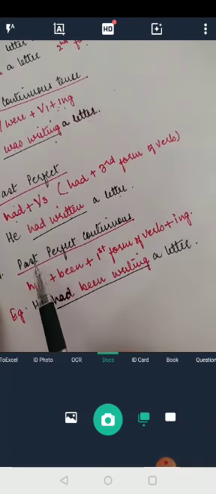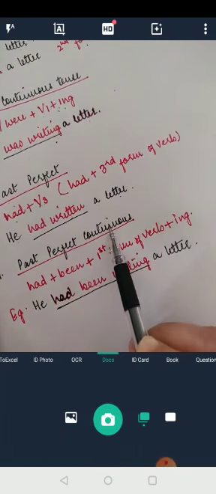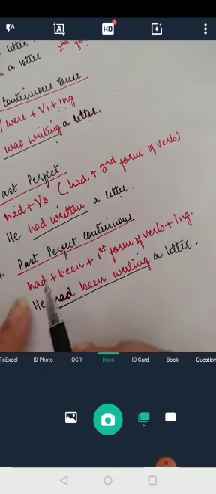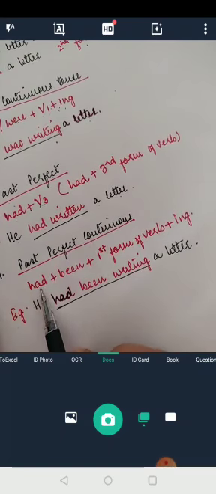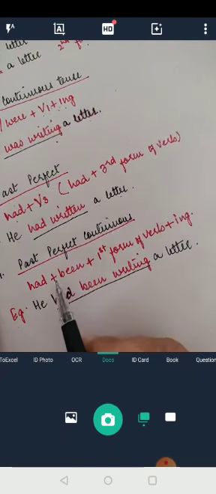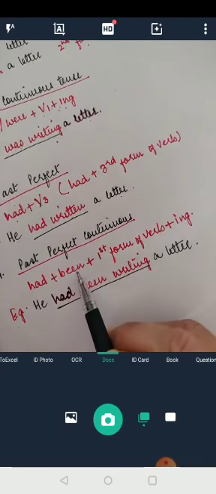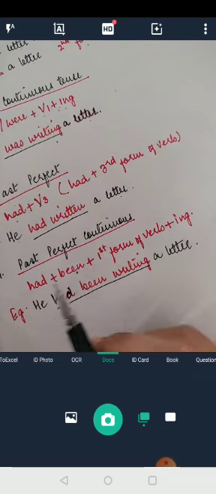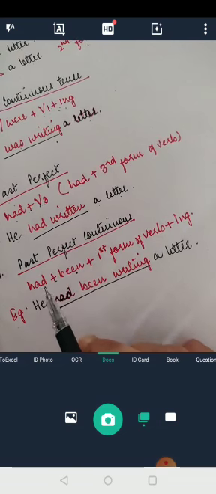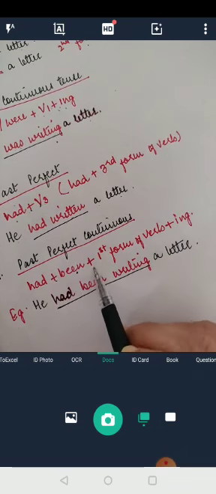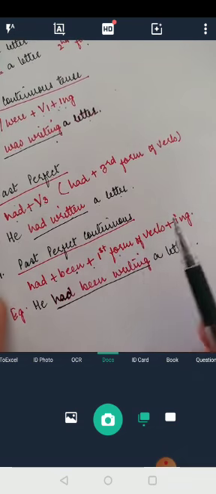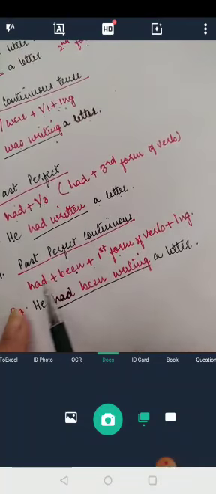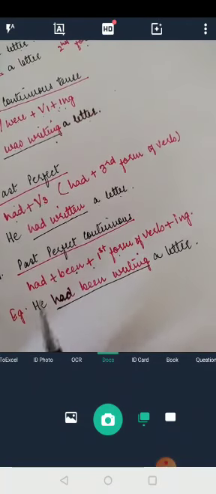Then we move on to past perfect continuous. Past perfect continuous again has had plus been. In present perfect continuous we did has or have plus been plus verb plus ing. Here in past perfect continuous we just have one word, that is had.